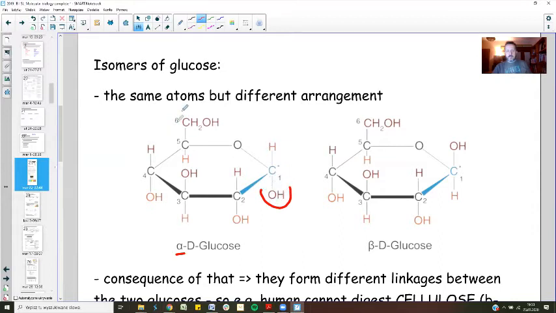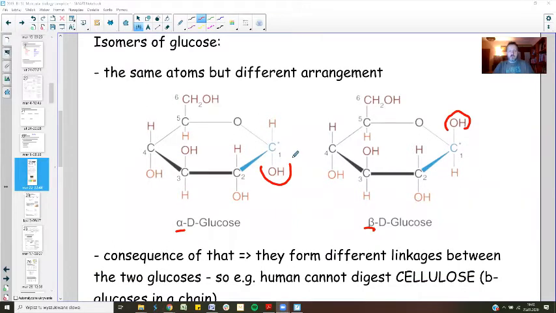The consequence of this isomerism in case of glucose is that if these hydroxyl groups are directed on the same side of the ring, they will form different shapes of bonds and a different structure of the entire molecule than in case of the beta isomer.